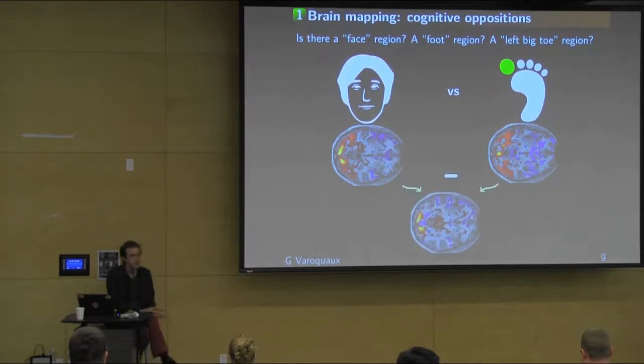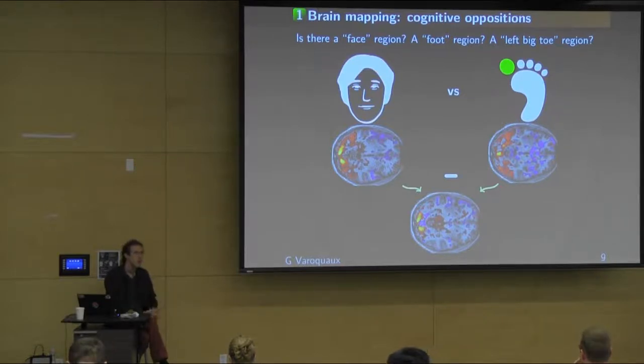And if we have enough data, we're probably going to get a difference. And so we can publish evidence for the left big toe region in the brain. Hopefully we'll get a high impact factor journal, and that's good, right?